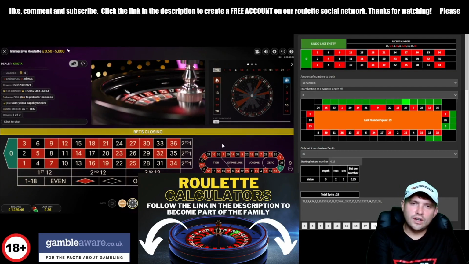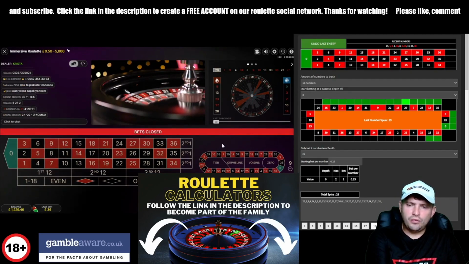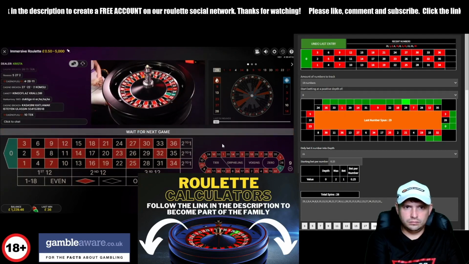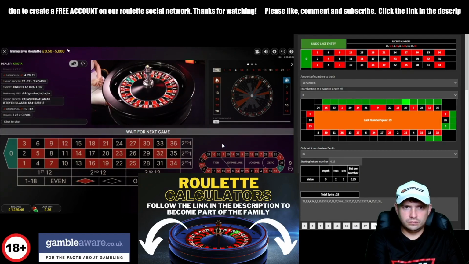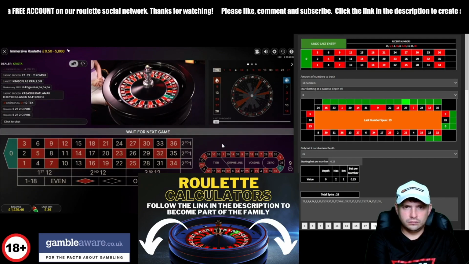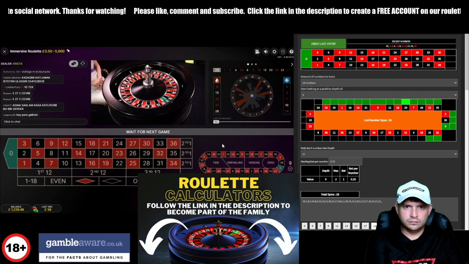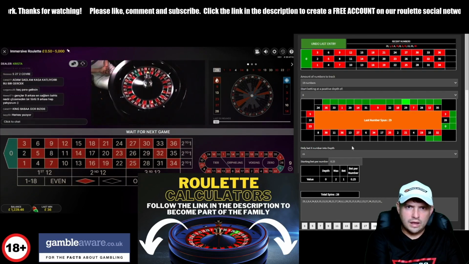So he's just waiting for it to go to that unhighlighted area before he makes his bet. And that looks like it is.